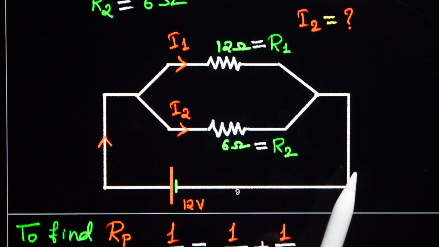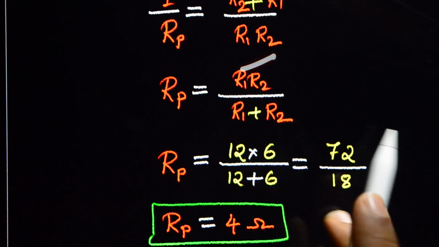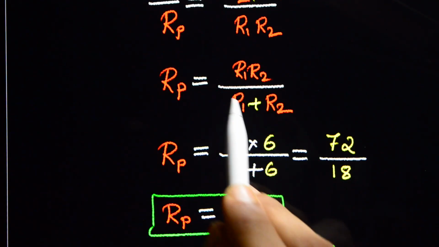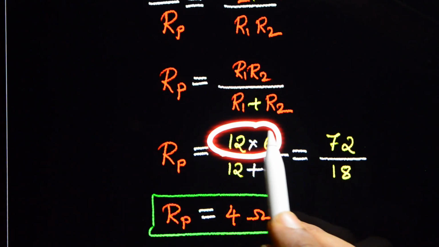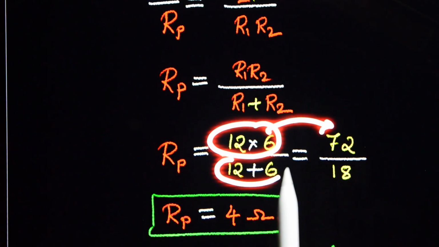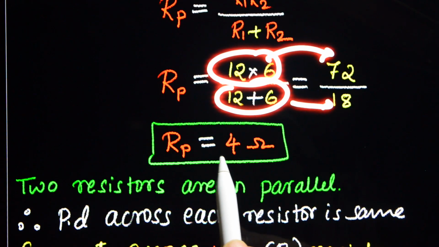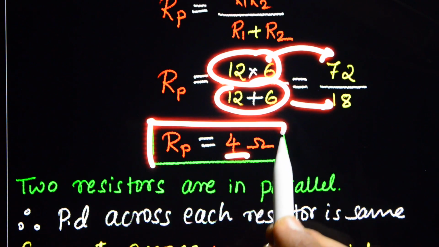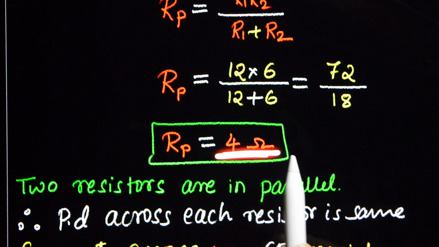R1 is 12 ohm and R2 is 6 ohm. Therefore that is 12 into 6 divided by 12 plus 6. 12 into 6 is 72, 12 plus 6 is 18. 72 by 18 is 4. Now the effective resistance of this network or combination is 4 ohm.